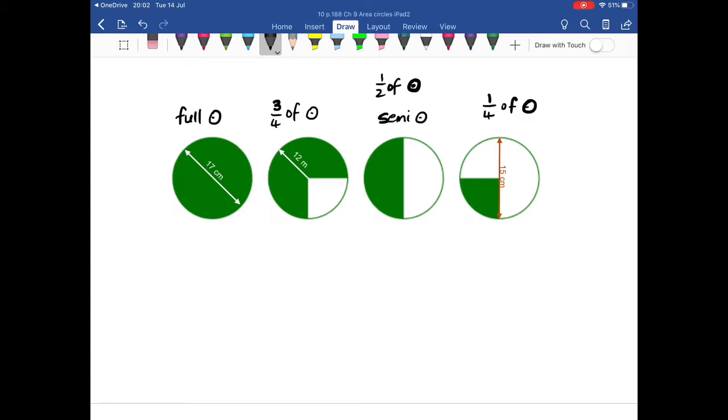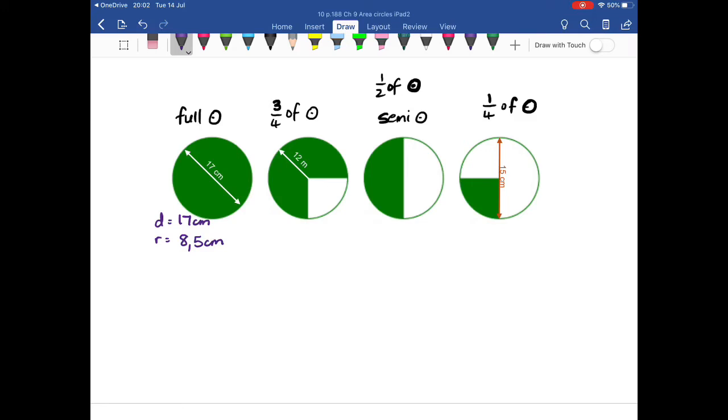So remember, let's have a look at our first one. Remember what I said to you, when I see a circle, I always write down diameter equals, radius equals. So my diameter is 17 centimeters. So therefore, my radius is going to be half of that, and half of 17 is 8,5 centimeters.